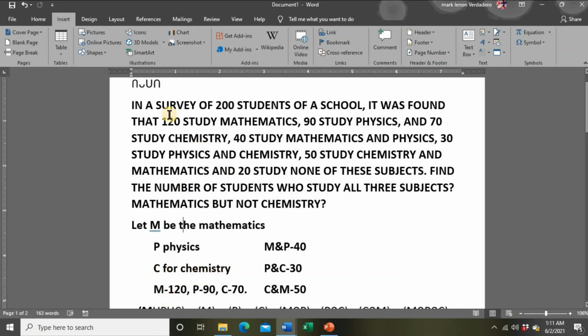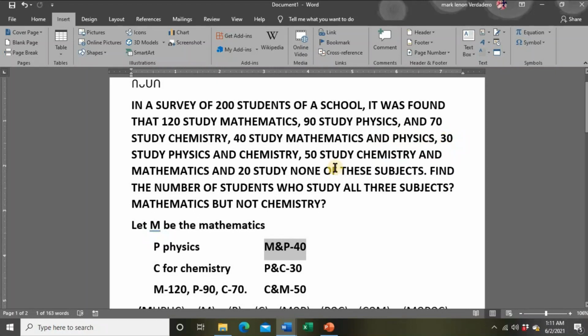Okay, then dito, it was found out that 120 study mathematics. So, yan yon. Then, 90 study physics. So, yan yon. 70 study chemistry. So, ito siya. Then, 40 study mathematics and physics.